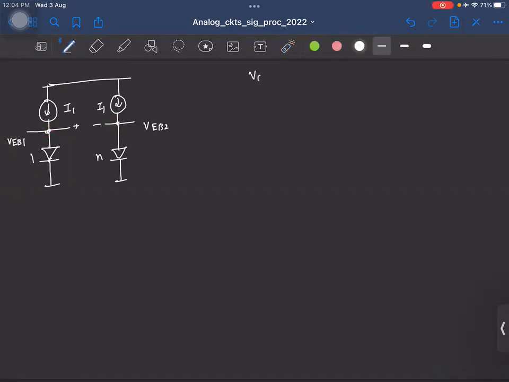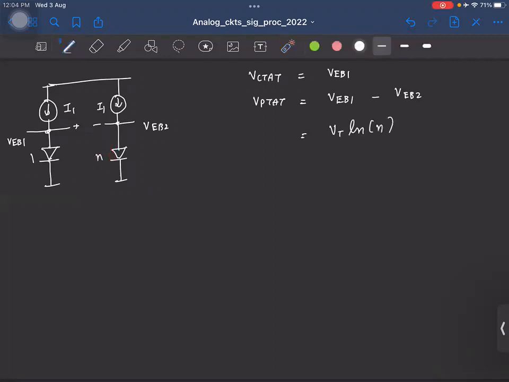So let me write it here. CTAT voltage was the drop of one forward bias diode, and the PTAT voltage was the difference between two diode voltages. And what did this simplify to finally? Vt ln of n, right? Where n is the number of diodes we have here.